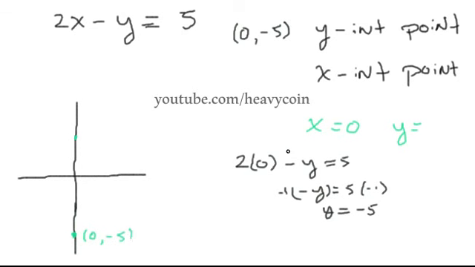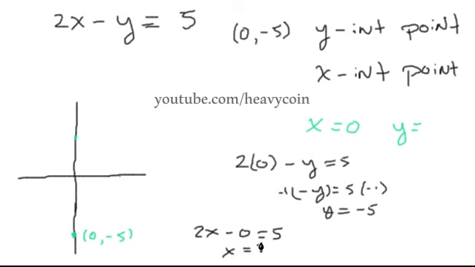Now we want to find where this line crosses the x-axis. What we're going to do is plug 0 in for y, because every point on the x-axis is where y is 0. So plug 0 in for y, and we solve for x in this problem.